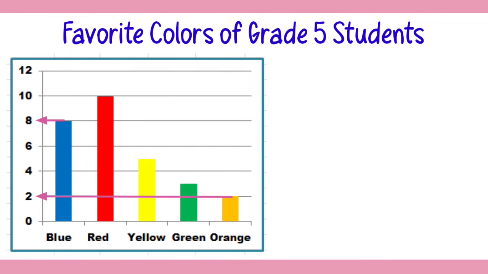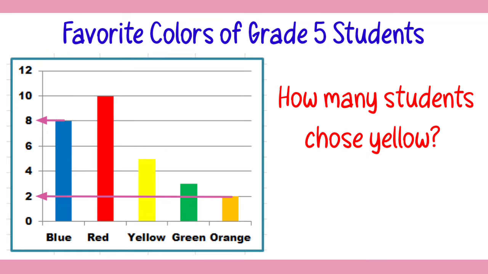Another question. How many students chose yellow as their favorite color? The yellow rectangular bar is here, and the number it represents is 5. Why? Because it is in the middle of 4 and 6. So there were 5 students whose favorite color is yellow.